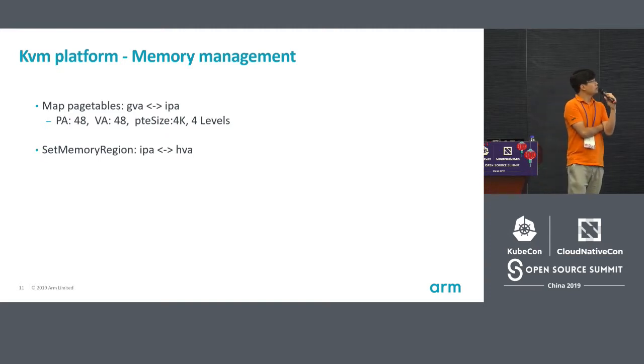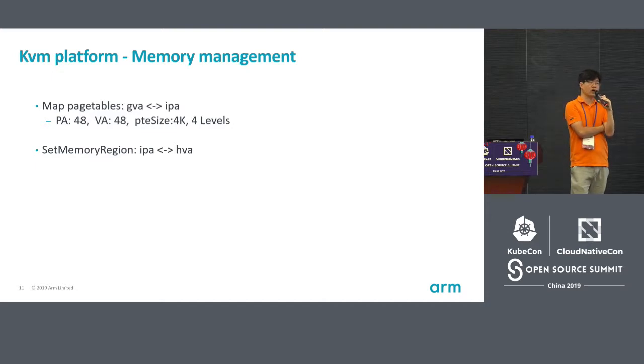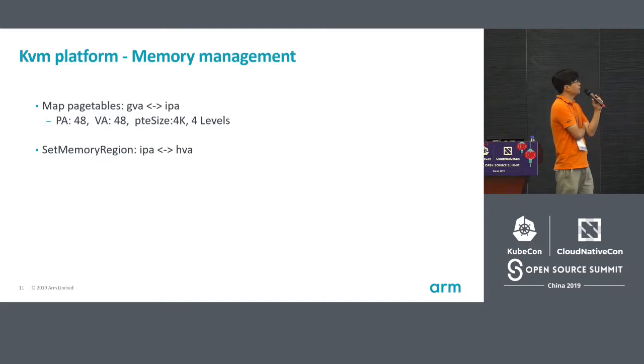When we are configuring 4K and 4 levels, on ARM's KVM platform, starting from the latest kernel it can configure the physical address. For the previous versions, the physical address is fixed. PA is 48.